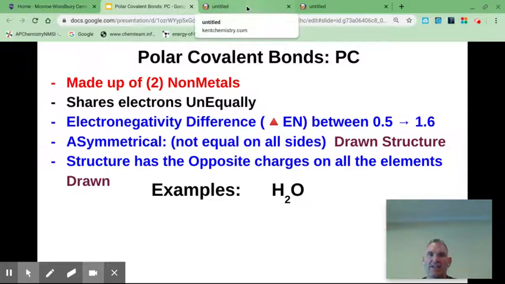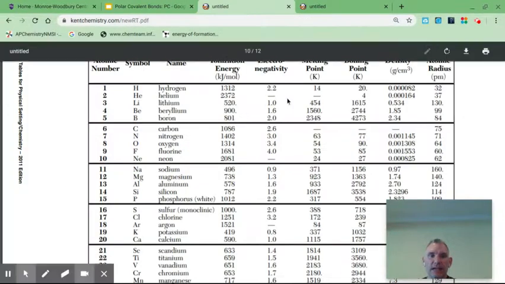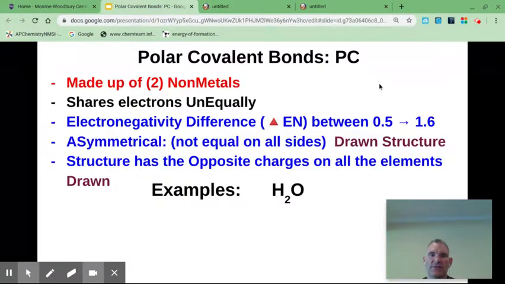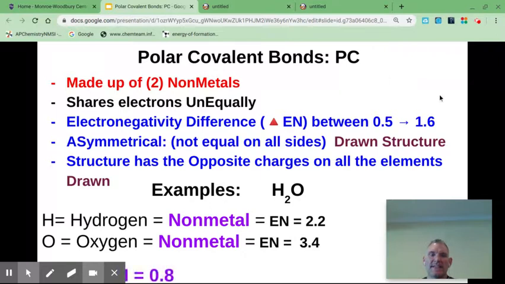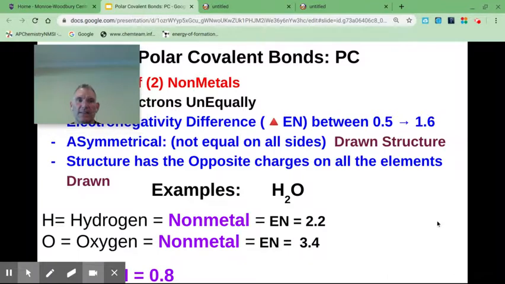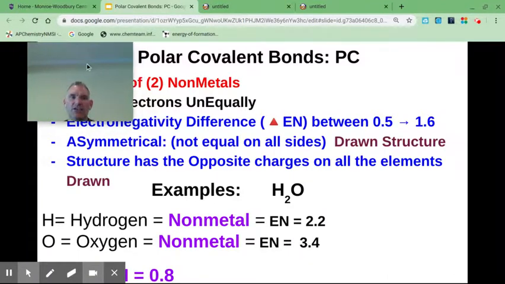And when I go to the electronegativities, H is 2.2, O is 3.4, and that's going to give me a difference of 0.8. Now notice 0.8 is in this region of 0.5 to 1.6, proving that it's going to be polar. But we want to get the complete picture and analyze the drawing.